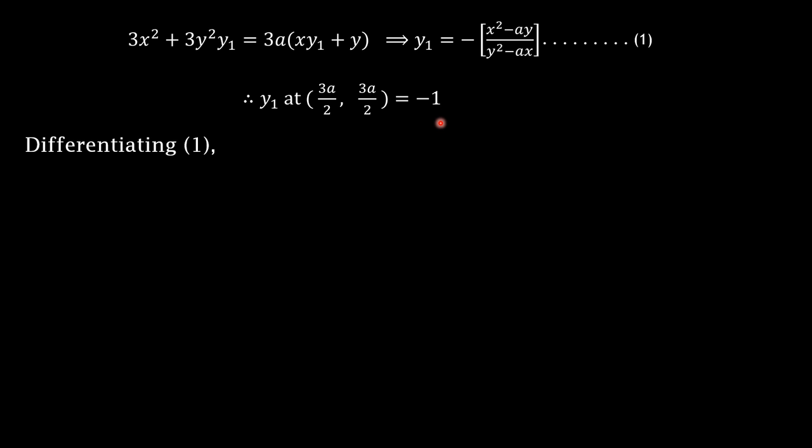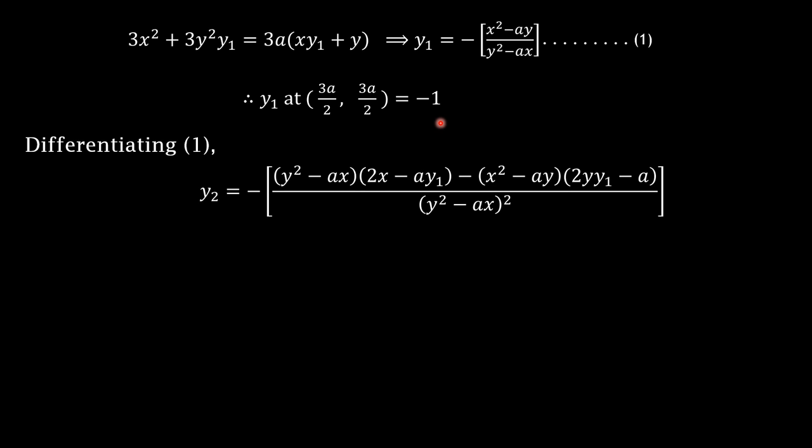Now differentiating 1 again with respect to x by quotient rule. So keeping the minus sign as it is and differentiating the equation, denominator into differentiation of numerator. What is the derivative of x square? It is 2x minus a into differentiation of y, that is y1, minus numerator into derivative of the denominator.